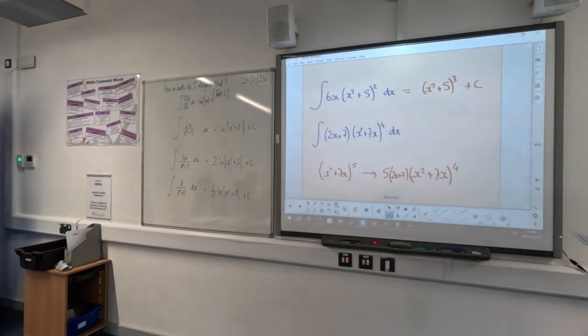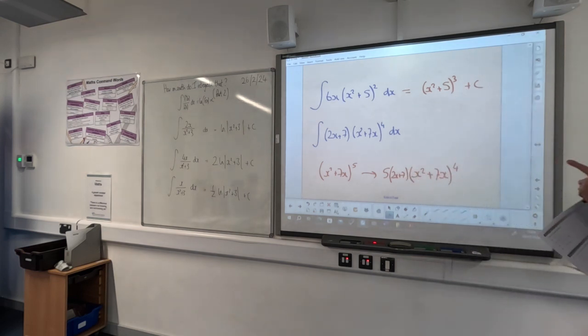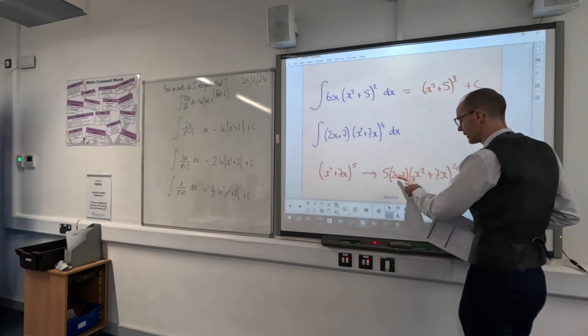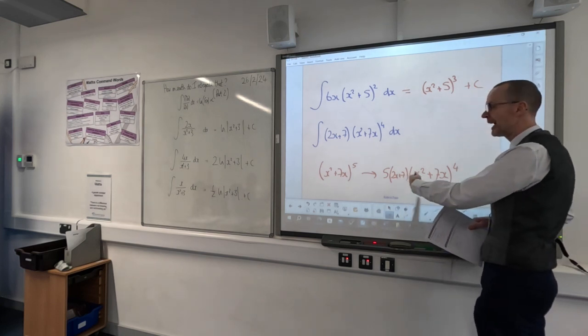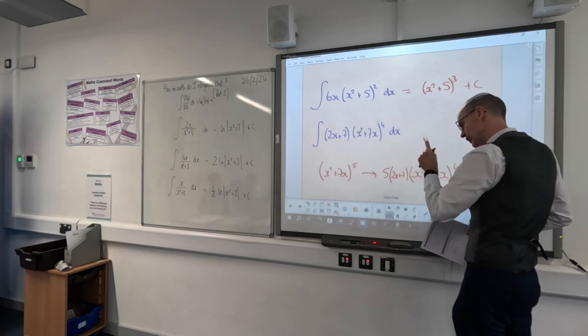Let's talk about B then. So when I differentiate x squared plus 7x to the power of 5, I multiply by the power, 5, reduce the power by 1, multiply by what I get when I differentiate the bracket, which is 2x plus 7. And I was about to multiply that out, but then I noticed that I'm being asked to integrate just that.